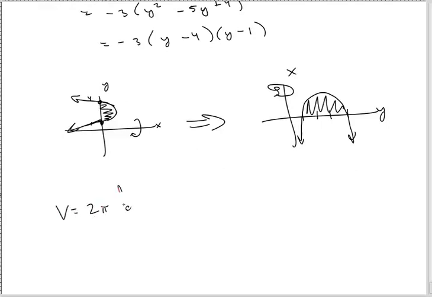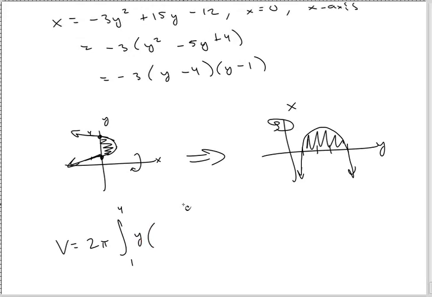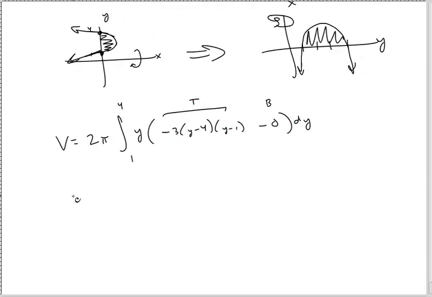So I'm going from 1 to 4. X. Oh, it's not X. It's a Y. And then I got my top and my bottom. And obviously you know my top. And there's my bottom. Top. Bottom. dy.